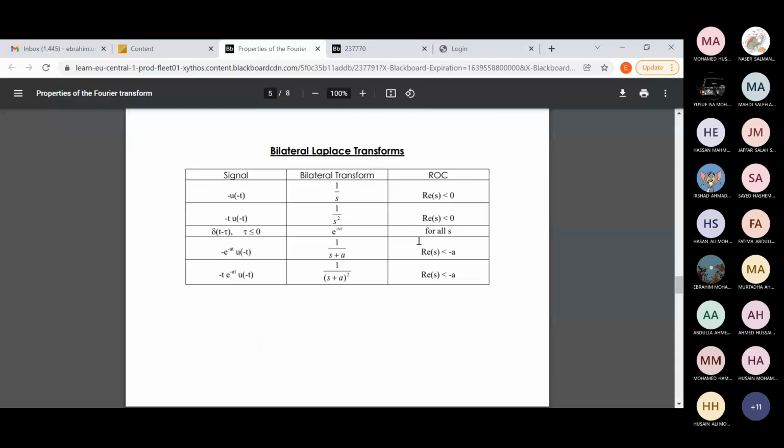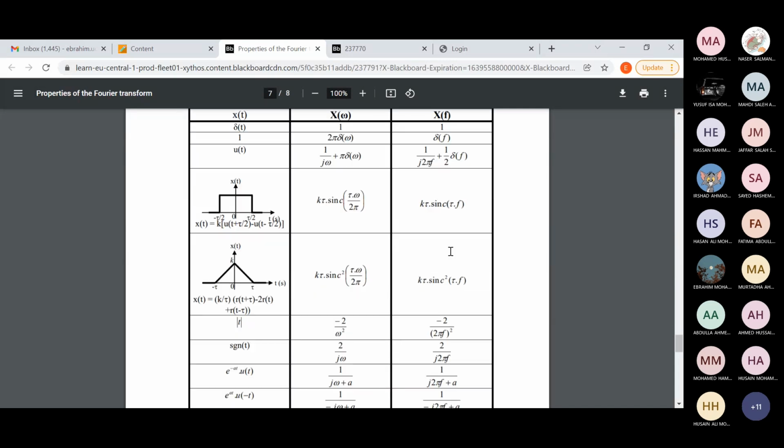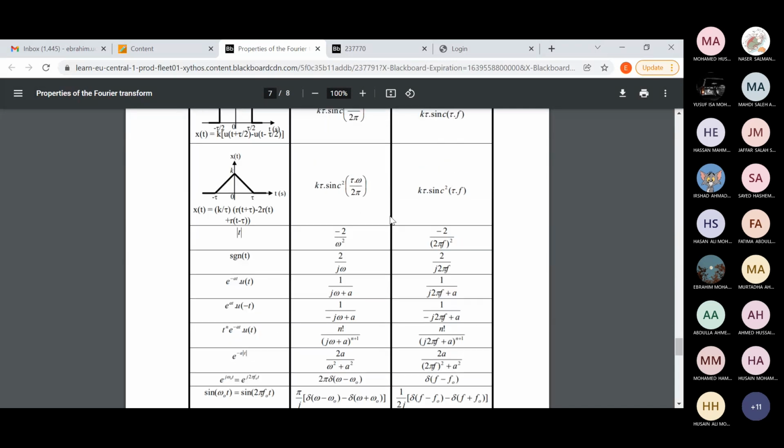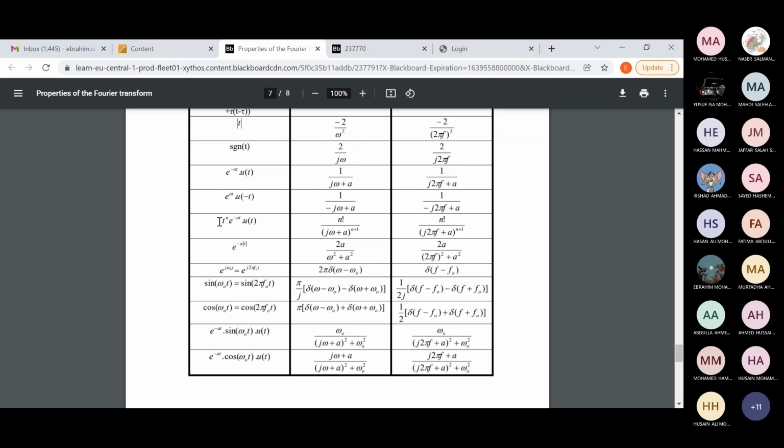Okay, let's go back to this table. See here. Well, if I look here, t multiplied by e to the power of minus at, this is ready for me.